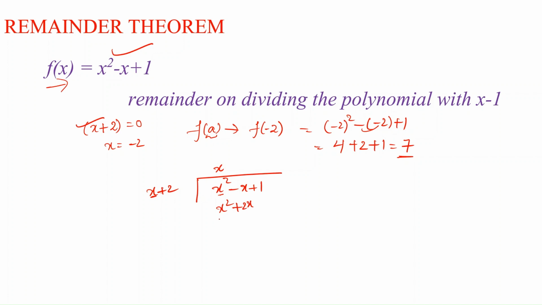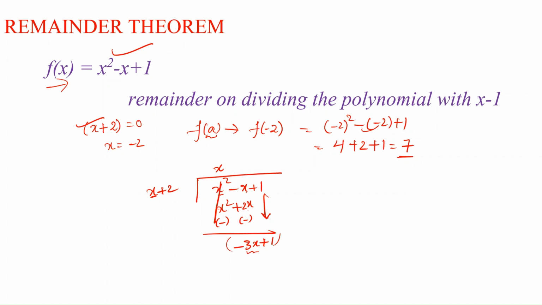As we are subtracting, change the signs here. x square minus x square cancels out. Minus x minus 2x is minus 3x. Now get down the next term, that is plus 1. Here the degree of this is 1 because we have x, which is the same as the degree of the divisor. So we have to continue it further.